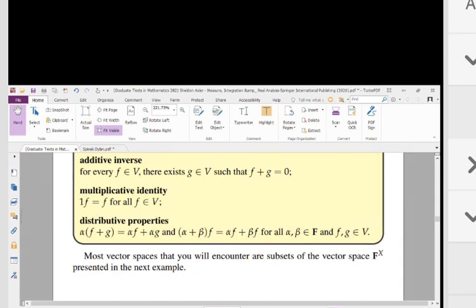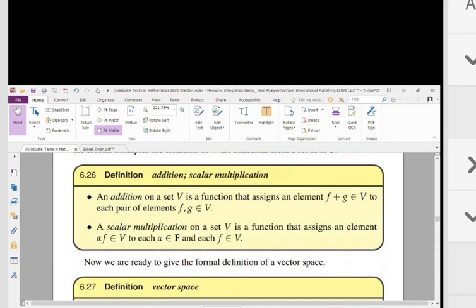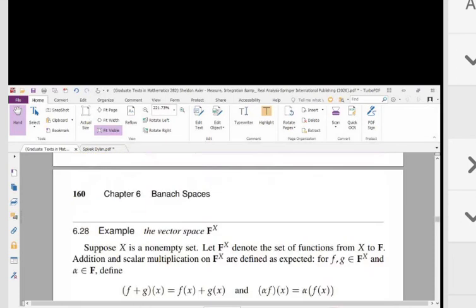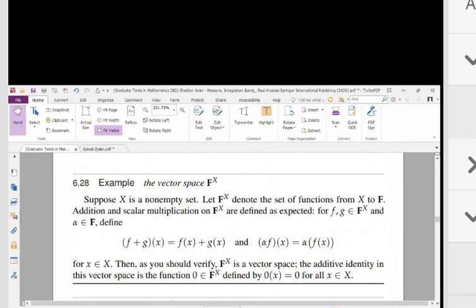Please note that alpha is a scalar number and f and g are in our vector space V. This equality holds for all alpha and beta in our scalar field and f and g in V. If we have these two operations on V, then V is a vector space over F. V is a vector space, and you know this definition.